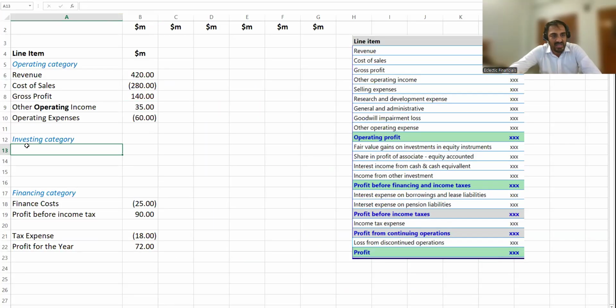So here we will mention the interest income. No need to mention the cash balance. You have to mention 10 here and you need to minus 10 here.